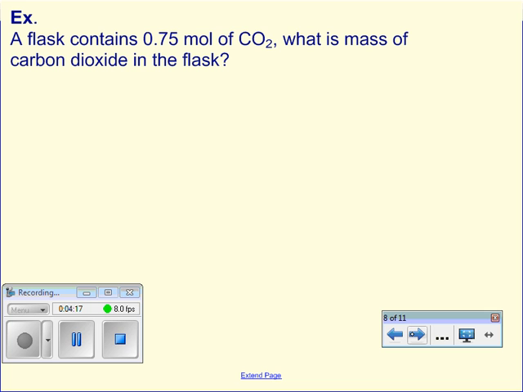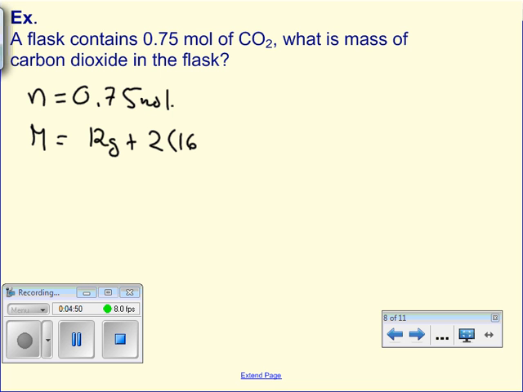So, for example, I have a flask that contains 0.75 moles of carbon dioxide. I want to know what the mass of carbon dioxide is in the flask. Because if I actually put it on a scale, it might not measure it directly because carbon dioxide is a gas. But the mass doesn't change. So I have n equal to 0.75 moles. My molar mass is going to be equal to carbon, which is 12 grams, plus 2 times 16 grams for oxygen, which gives us 44 grams per mole.